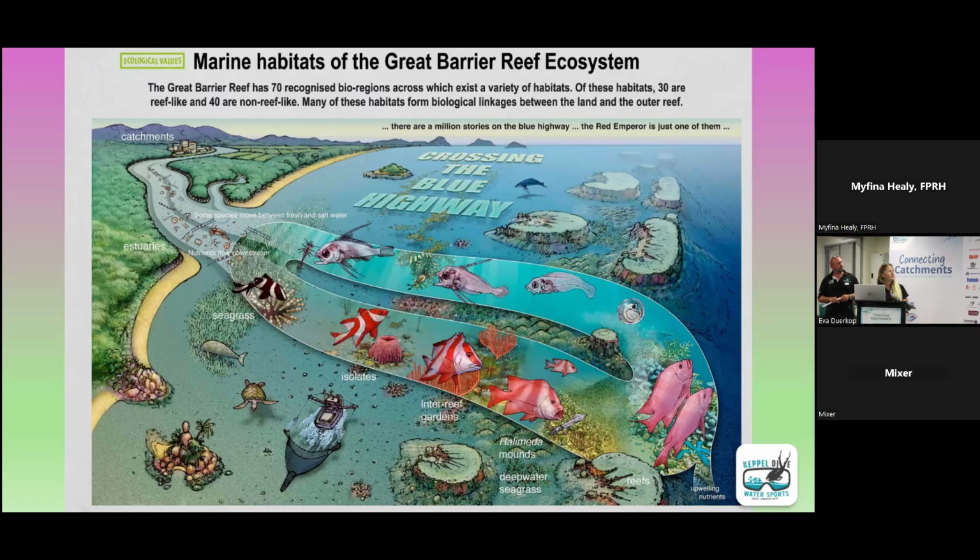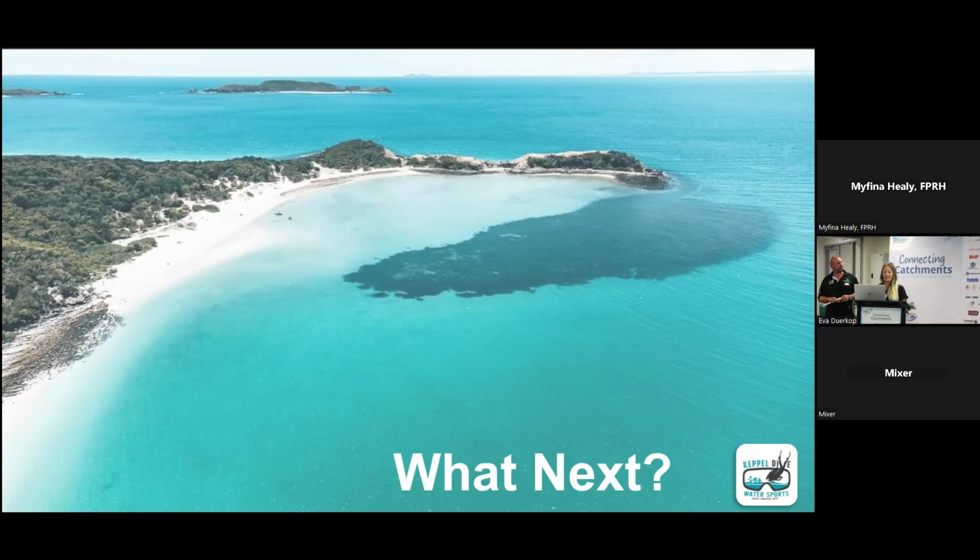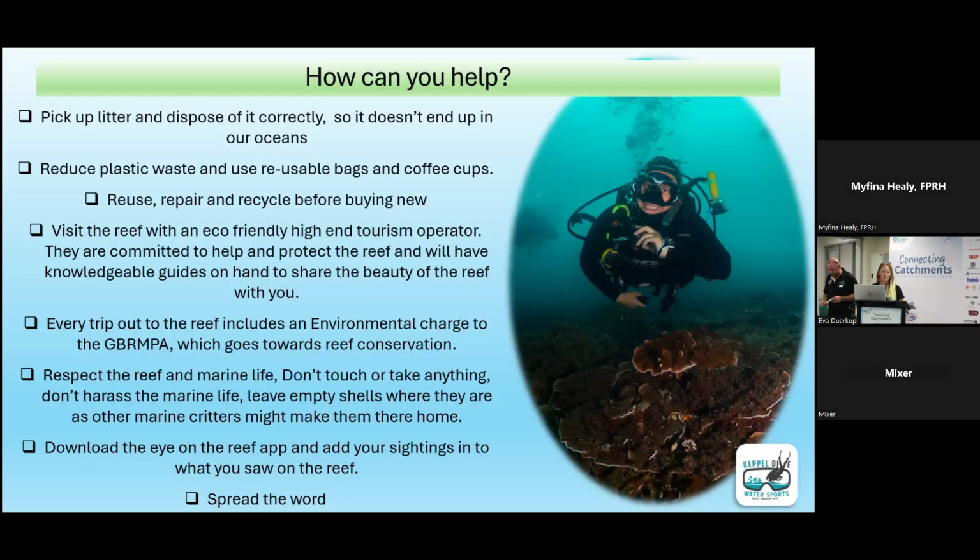So what next? How can you guys help? There's many things we can do. For instance, picking up litter, disposing of it correctly so it doesn't end up in our oceans. Reducing plastic waste and using reusable bags and coffee cups. Reuse, repair, recycle before buying new. Visit the reef with an eco-friendly high-end tourism operator. They're committed to help and protect the reef and will have knowledgeable guides on hand to share the beauty of the reef with you.